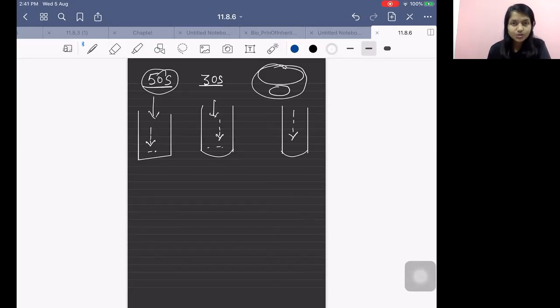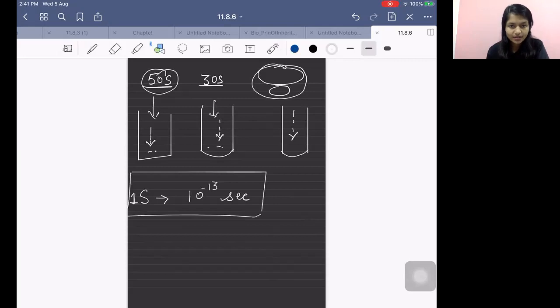Okay? So you know what S is? S is 10 to the power minus 13 seconds. You know what 1S is? 1S is equal to 10 to the power minus 13 seconds. Are you getting what I am saying? If I am saying 50S, how much time is it taking to settle down? 50 into 10 to the power minus 13 seconds.